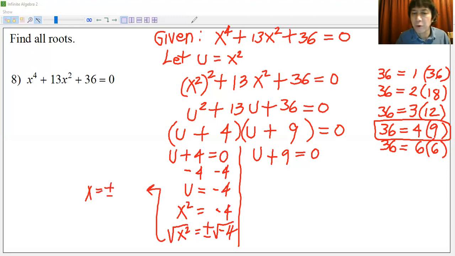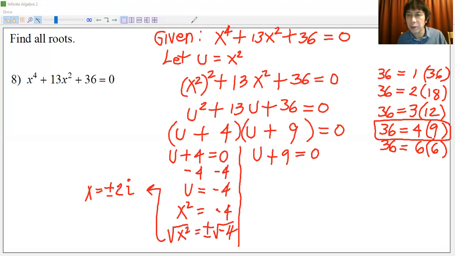The square root of 4 is exactly 2. But there's a negative there, so that means there's a square root of negative 1. So this is with imaginary there. So we have plus or minus 2i. Okay, that will be the first two roots.